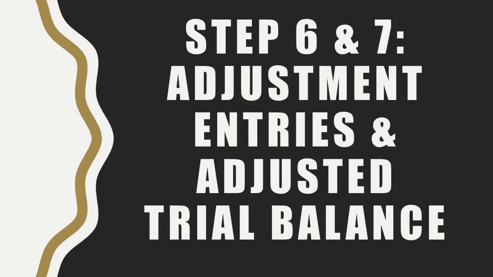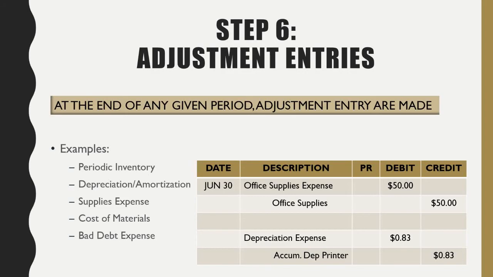Okay. Then step 6 is to run our adjusting entries. If you guys remember way back when we were introducing you to this idea in the first week of class, I threw a bunch of ideas to you saying, well, this is an adjustment, this is an adjustment, this is an adjustment.